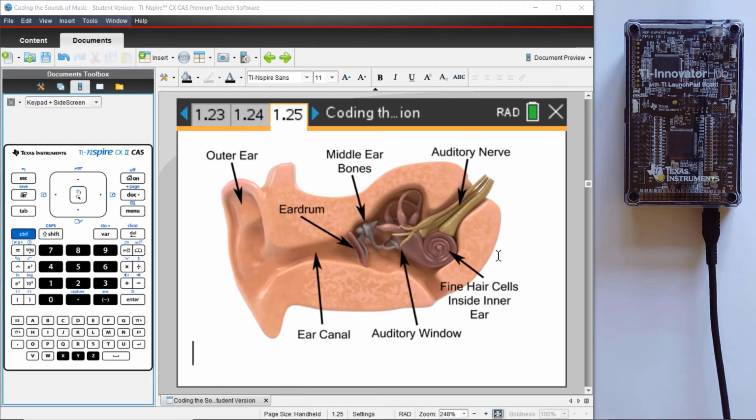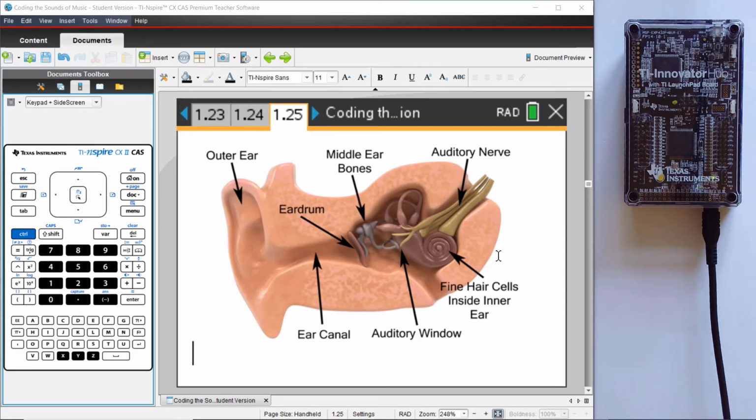Well, the hair inside of the ear is attached to the auditory nerve, and that nerve can then detect the motions of that hair and send it to a portion of our brain called the auditory cortex. Our brain knows how to process those stimulations into sounds. We then, as young people, learn to associate those sounds in different orders into words. And this is how we learn to communicate with each other.